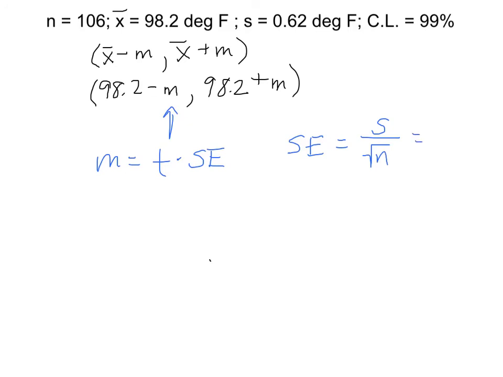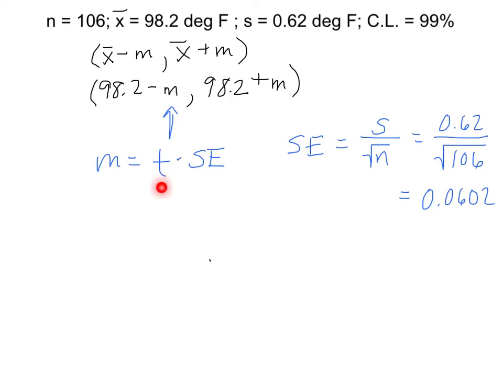So that's going to be our original standard deviation, 0.62 degrees divided by the square root of 106, and that comes out to 0.0602. So that takes care of the standard error part of the formula, but now we still need to know this t-score.